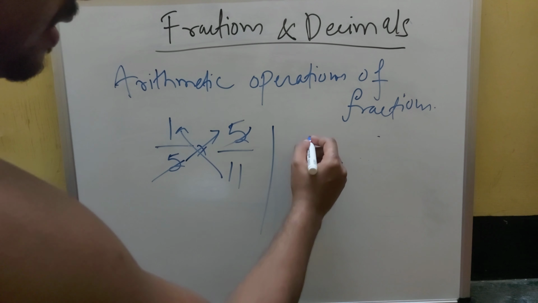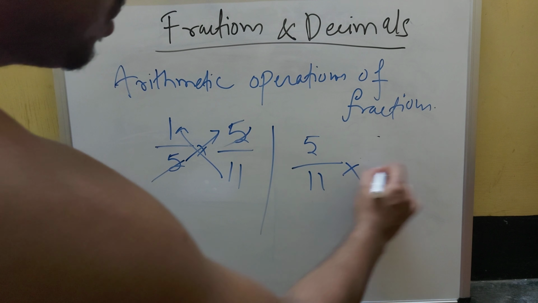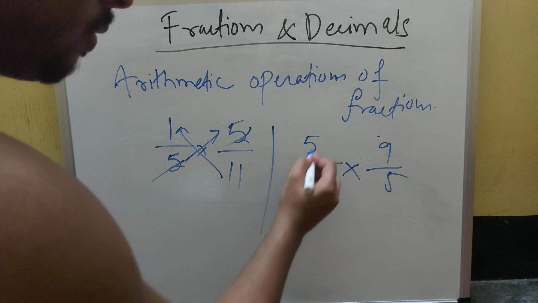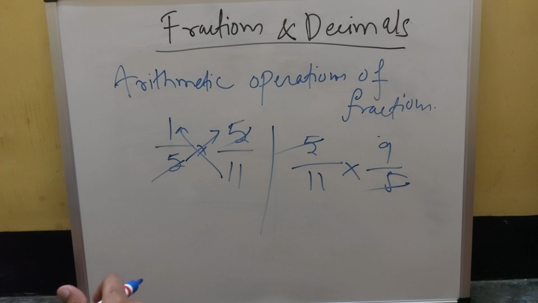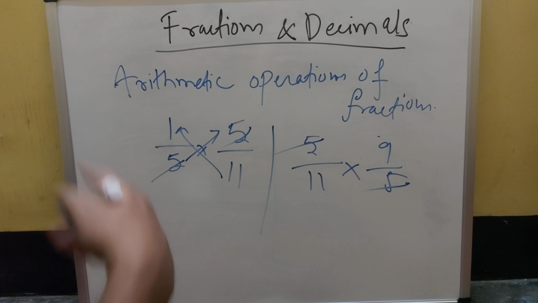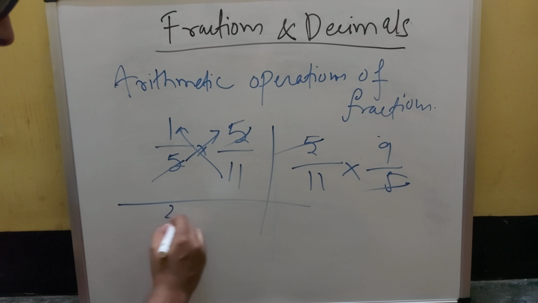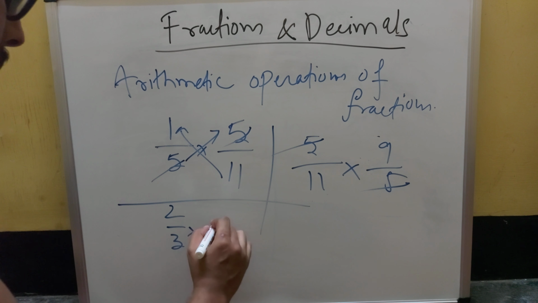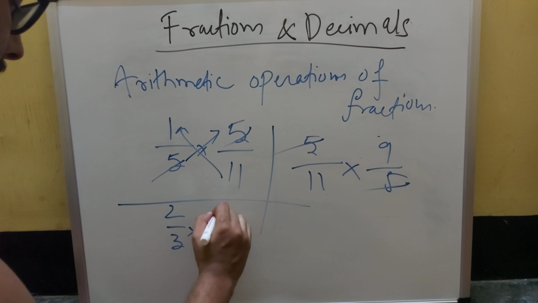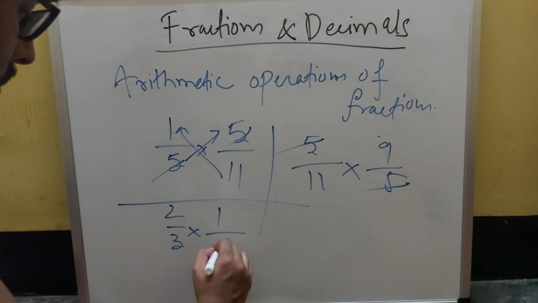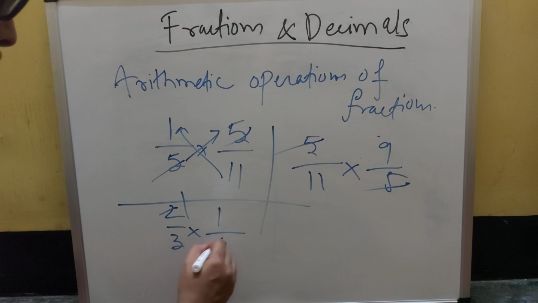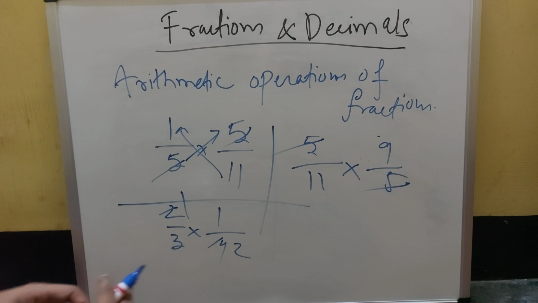Suppose it's 5 upon 11 into 9 upon 5, then we can easily cancel these two. Or if it's 2 upon 3 into 1 upon 4, then we write 2 ones are 2, 3 fours are 12, so it will be 1 by 6. Am I clear, class? This is the multiplication of fractions.